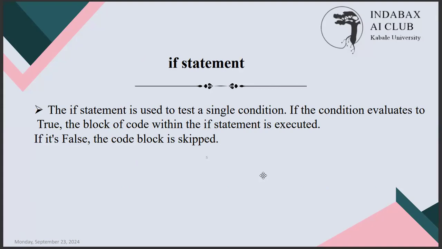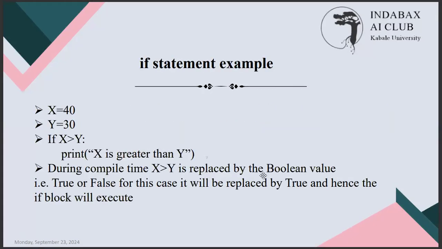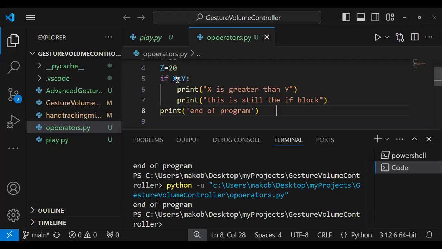If it is false, the code block is skipped. So I hope we saw from our comparison operation last week that if you find out that x is greater than y, the whole of this will be replaced by true.